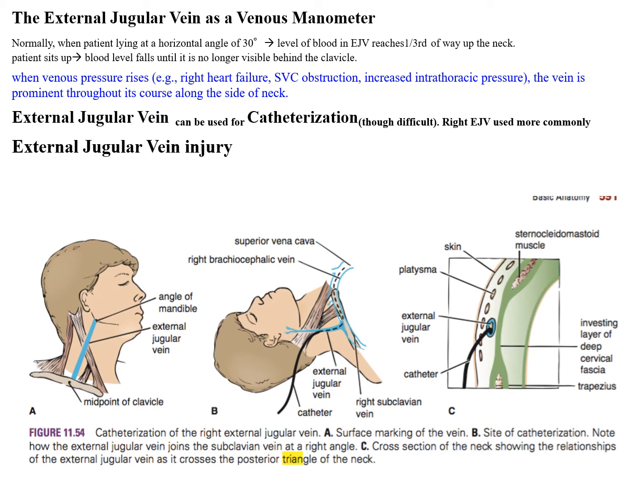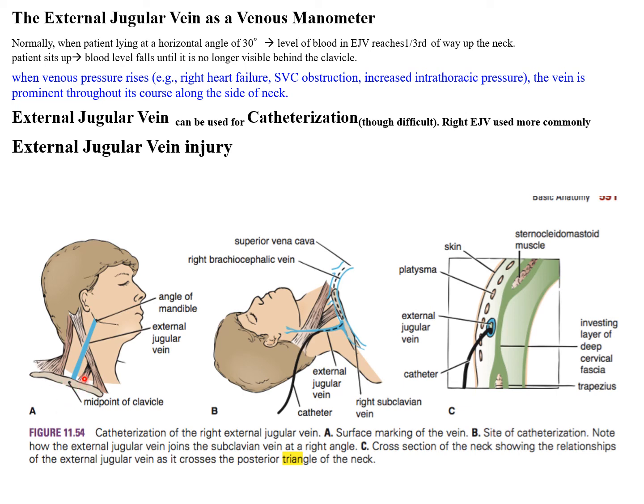Let us now discuss a few important points about the external jugular vein. The external jugular vein acts as a venous manometer. Normally, when the patient is lying at a horizontal angle of 30 degrees, the level of the blood in the external jugular vein reaches only one third of the way up the neck. As the patient sits up, this blood level will fall until it is no longer visible behind the clavicle.